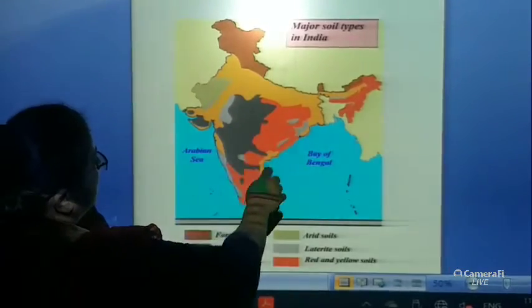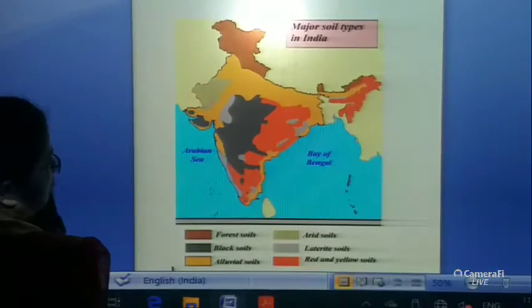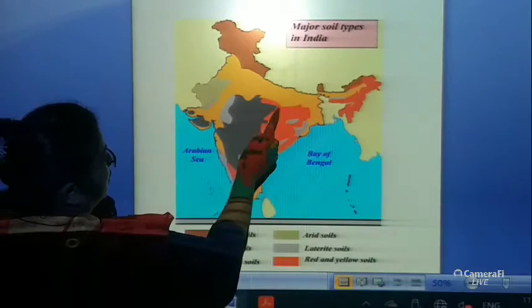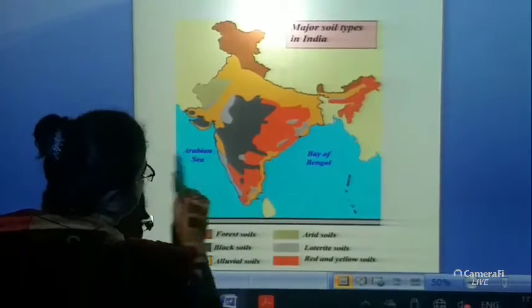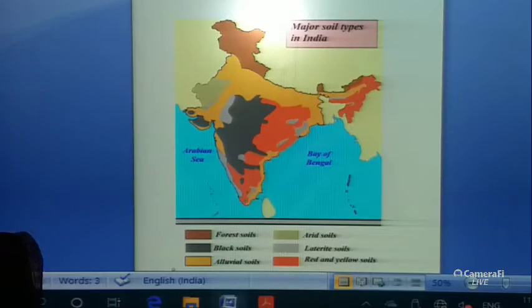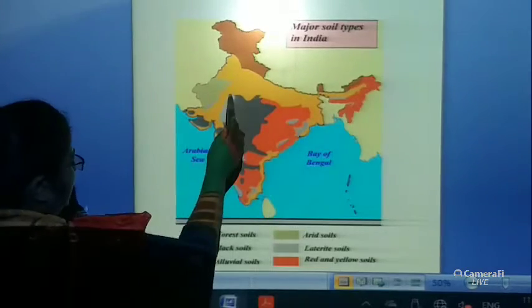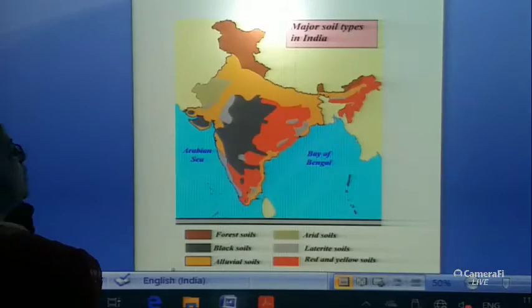You can see over here it is a colorful map of India. Why? Because the red soil is over here. This portion wherever it is red is showing as red soil. The black soil is deep grey in color and the light grey is your laterite soil.